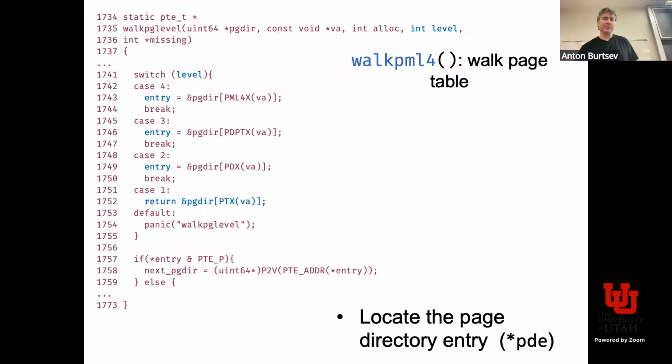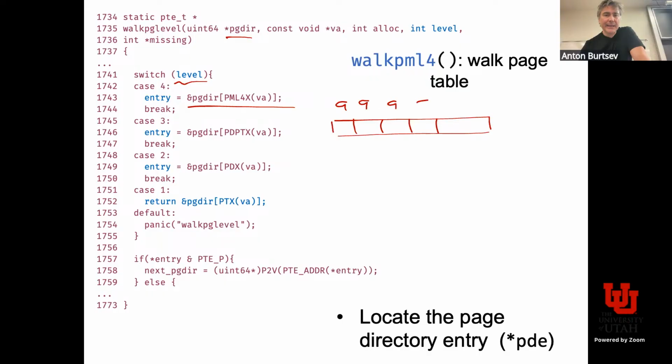Okay, so what's inside this function? It's relatively easy as well. Depending on which level you're asking me to resolve, it will return you the pointer to the next level. So if it's 4, it says, okay, sure, from this page table, I will use the shift. Essentially, what happens here is that you have a virtual address and you split it into 9, 9, 9, and 9 bits.